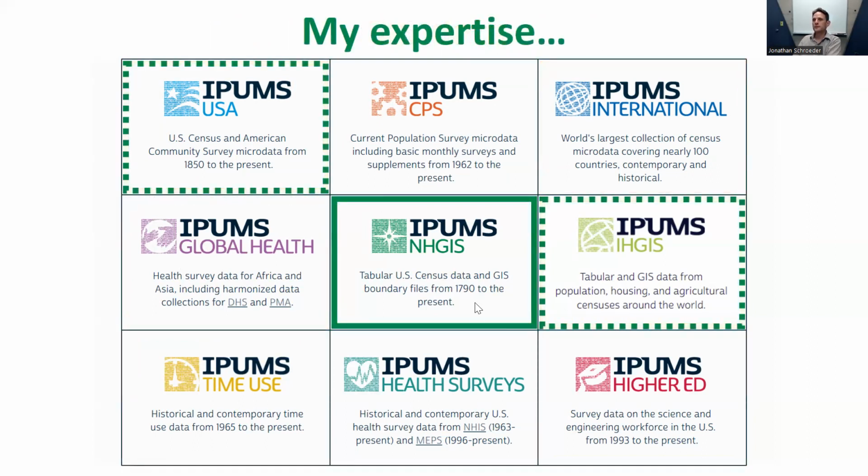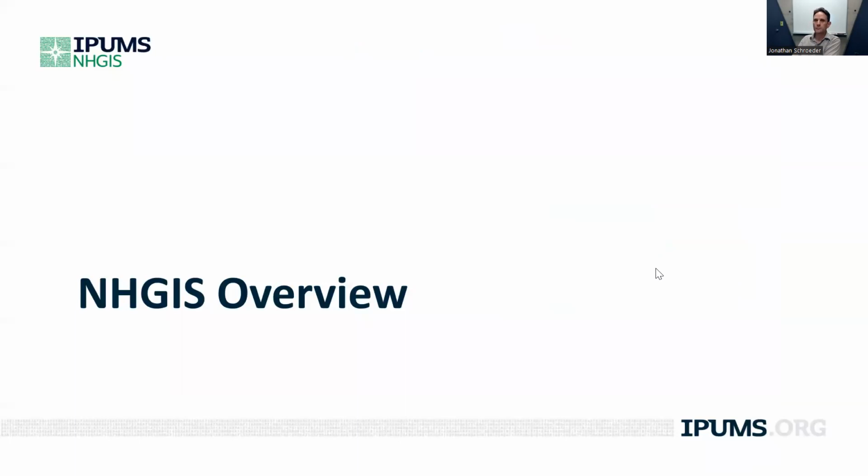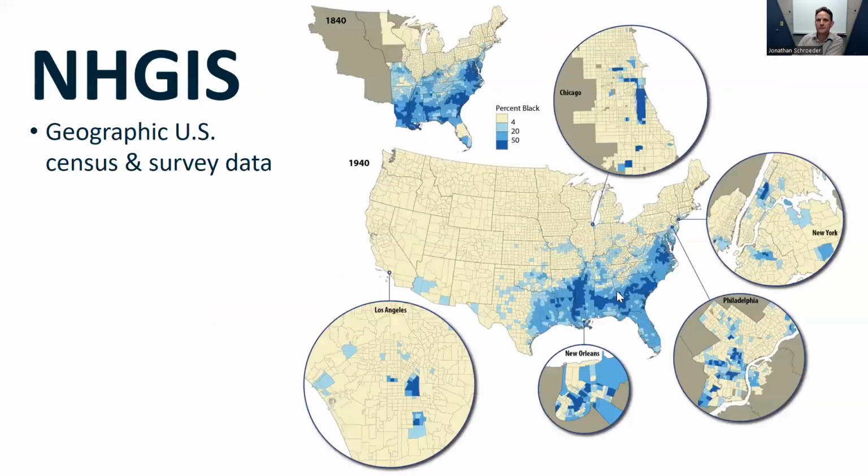My expertise, as I've said, is on the geographic data. I work with particularly US Census summary data, but I also work with the US microdata and the international summary data. So I'll proceed to focus on some of those subjects. NHGIS is our project to provide geographic US Census and survey data for the entire US.